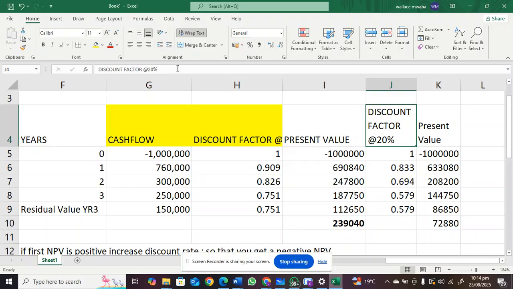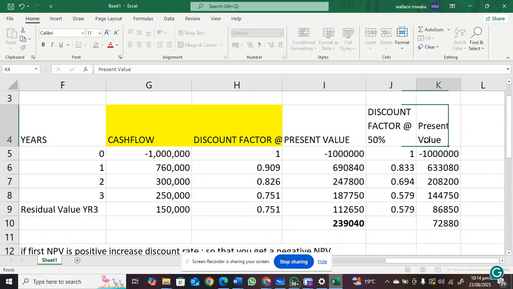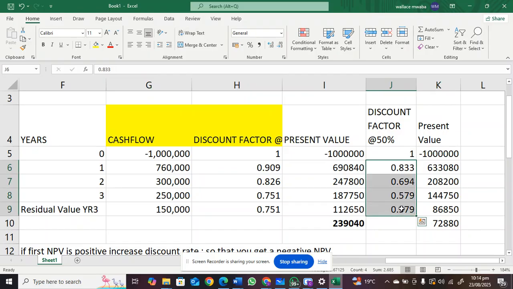So let's increase to 50% then. Maybe 50% will give us a negative value.